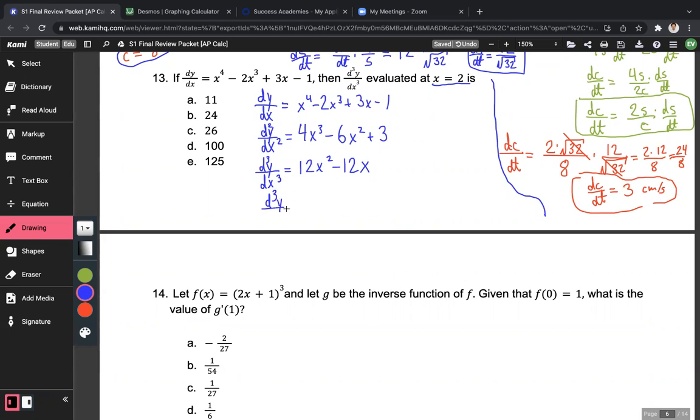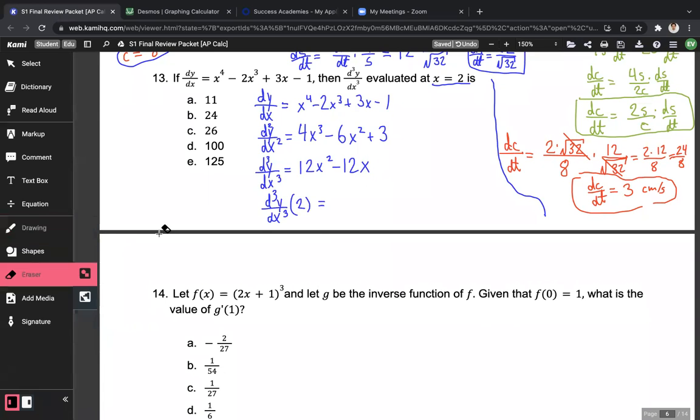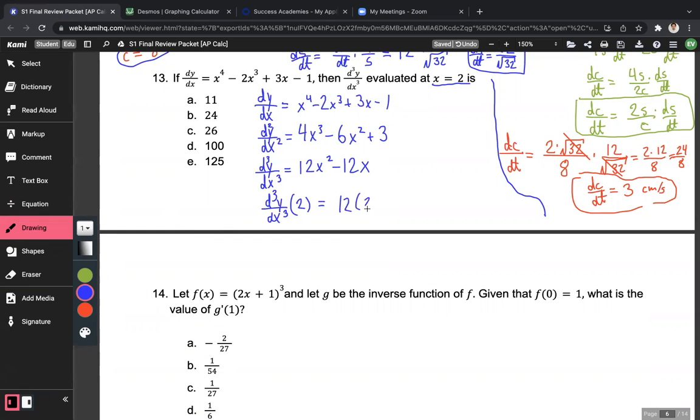So d3y over dx cubed evaluated at x equals 2 is going to equal 12 times 2 squared minus 12 times 2. So that's going to give me 48 minus 24 equals 24. Short and quick.